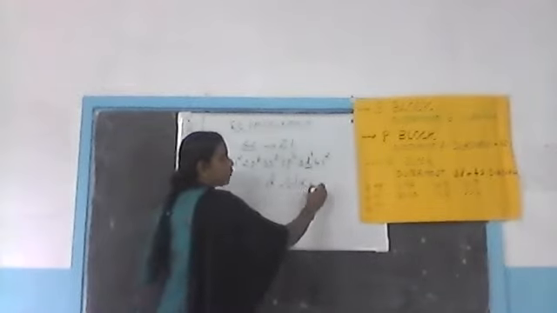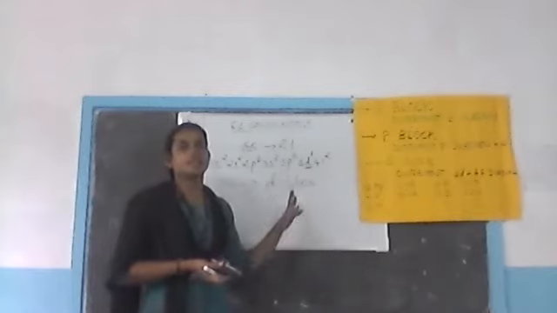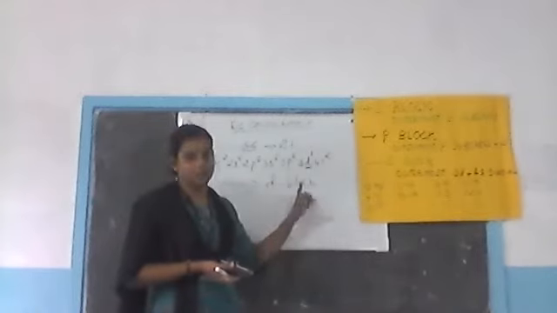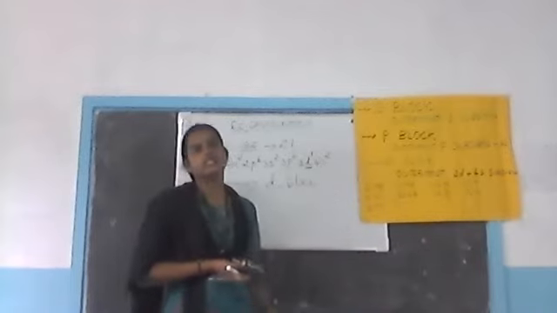So how can you find out the block on the basis of subshell electronic configuration? The subshell in which the last electron is added in the electronic configuration is known as the block.